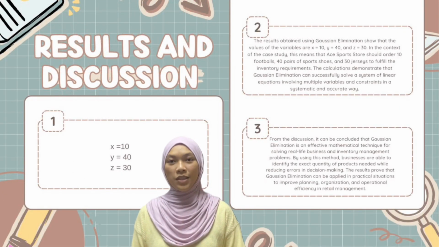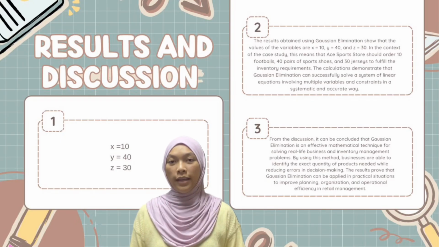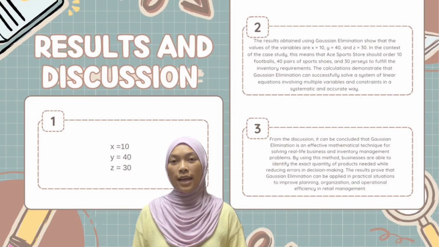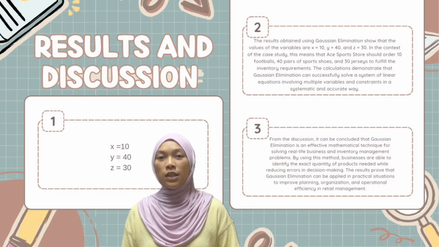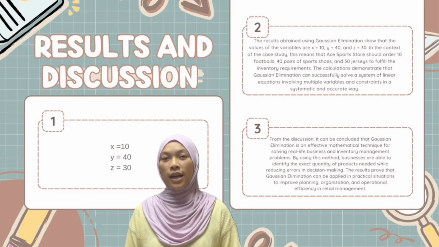Results and discussion. First, we already know that x equal to 10, y equal to 40, and z equal to 30. The results obtained using Gaussian elimination show that the values of the variables are x equal to 10, y equal to 40, and z equal to 30.